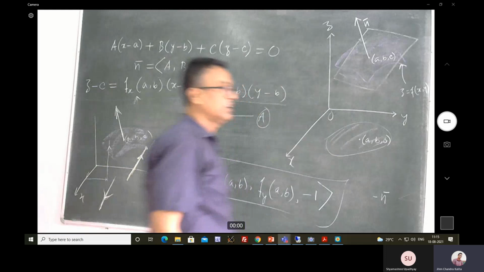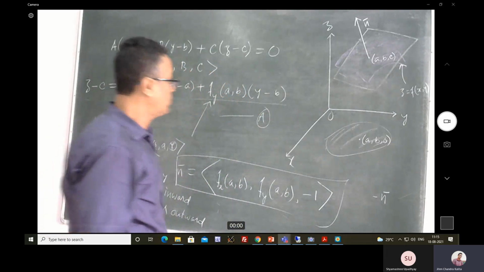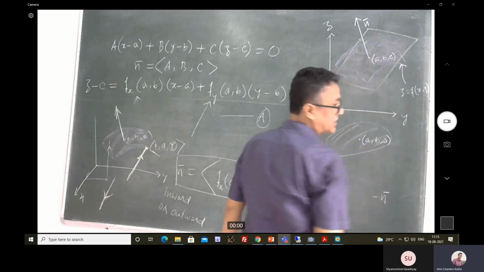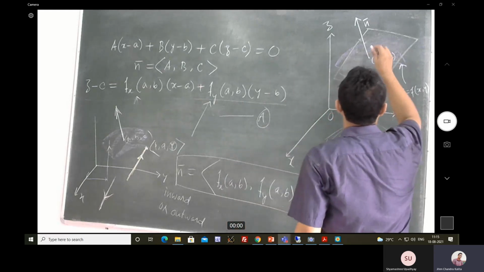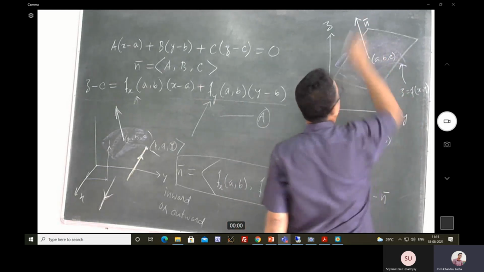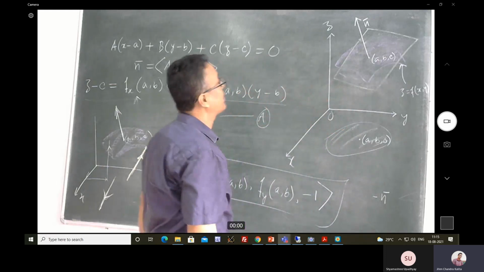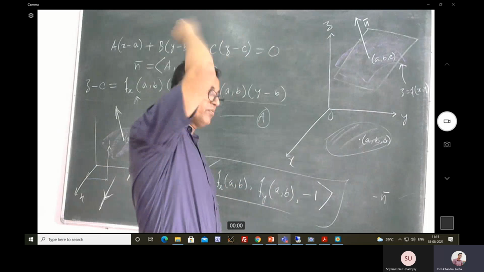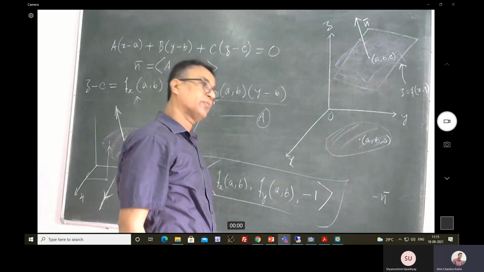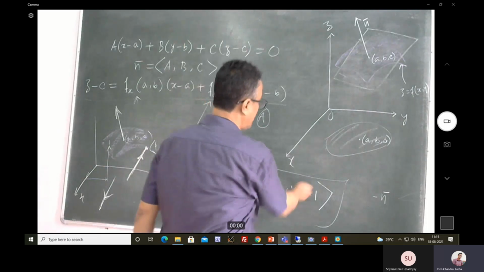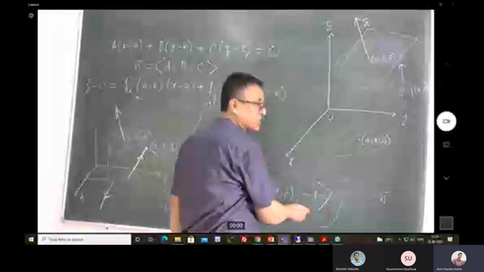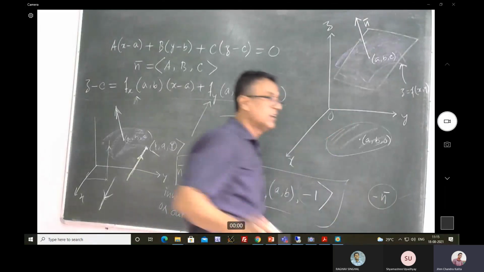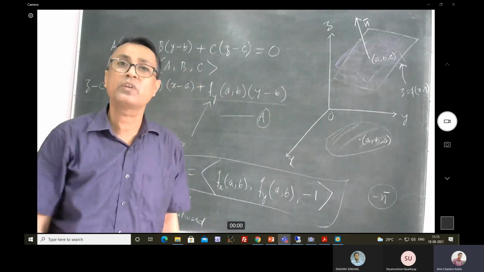The way I have drawn the figure, it seems that the outer normal here has an orientation above the xy plane. So the third component must be positive, and that is why they were taking that to be minus n. But you needn't worry about that.